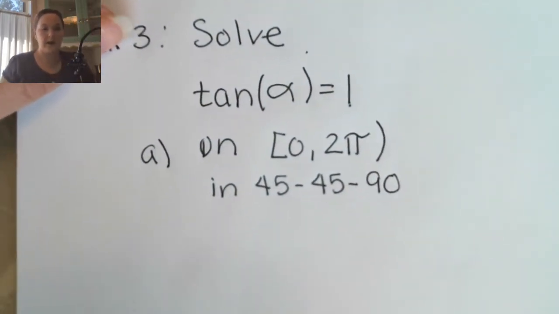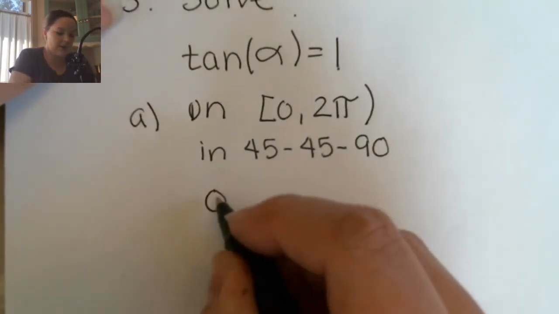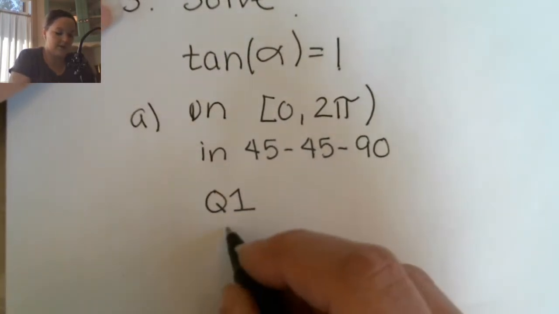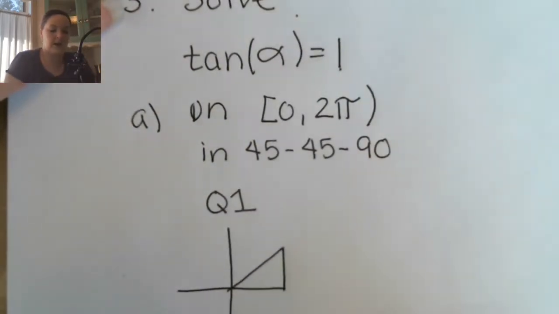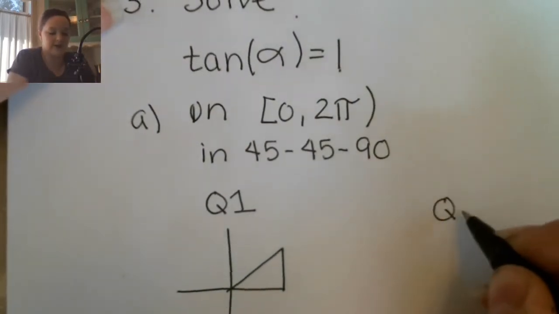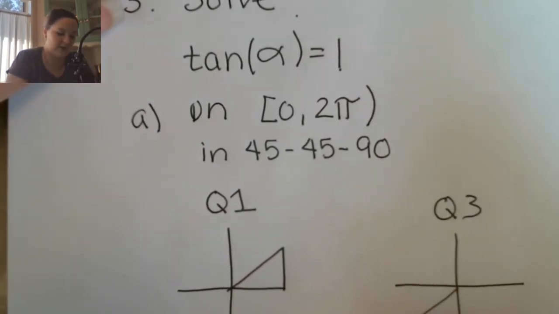And then we're going to think about where tangent is positive. All the trig functions are positive in the first quadrant, so that's a possibility. And the other place that tangent is positive is in the third quadrant, when both x and y are negative.